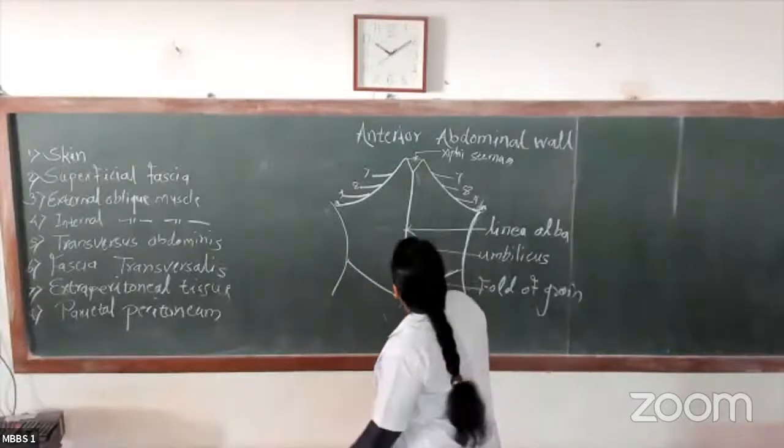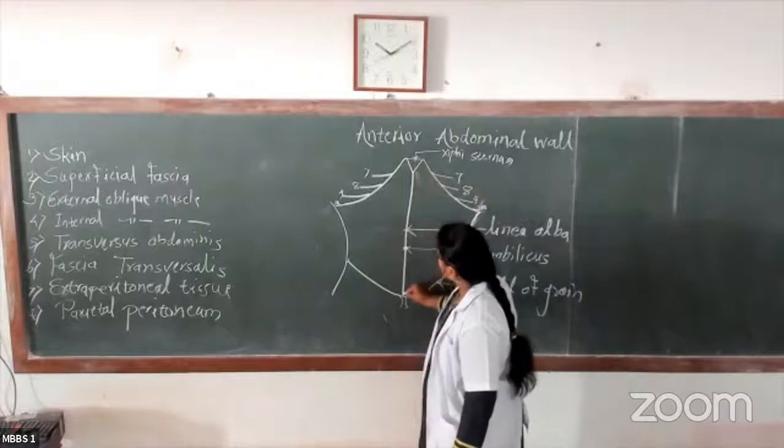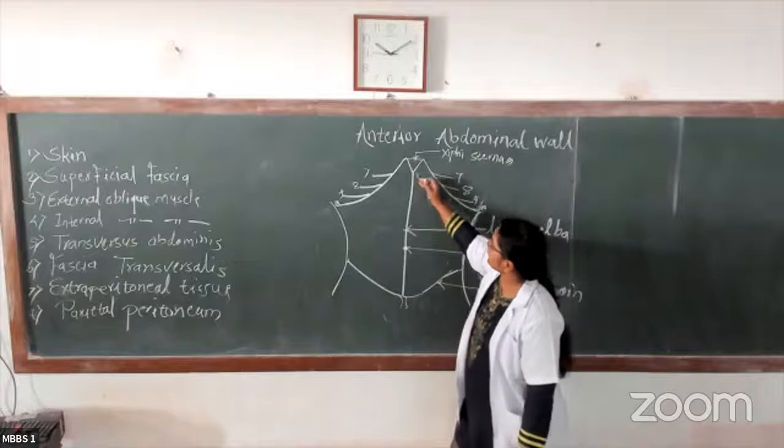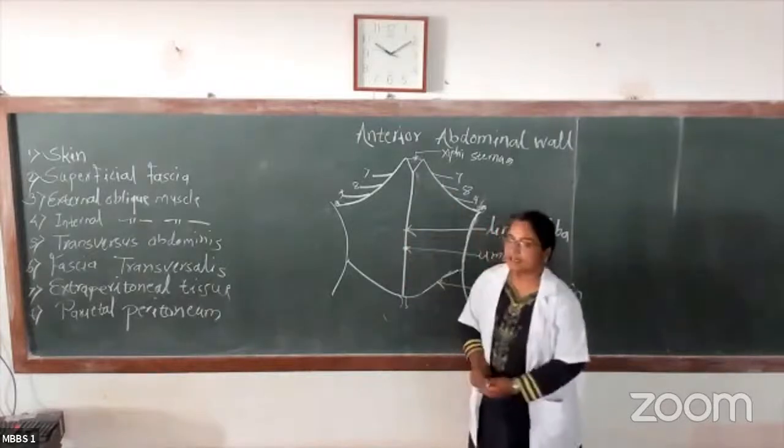Externally, there is a median furrow. This median furrow is produced due to the presence of the linea alba.